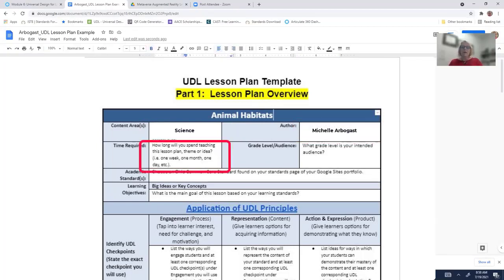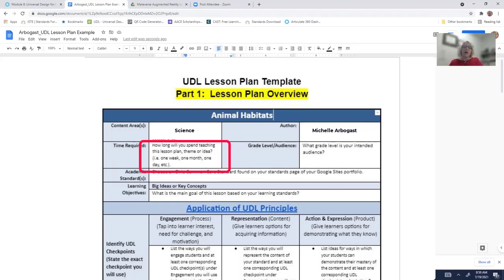The time required is, if you were in a classroom, how much time would you spend on this particular theme, unit, module? And again, there's no wrong answer here, but I do want you to think logically. If you're going to do animal habitats, is this something you can do in a day?